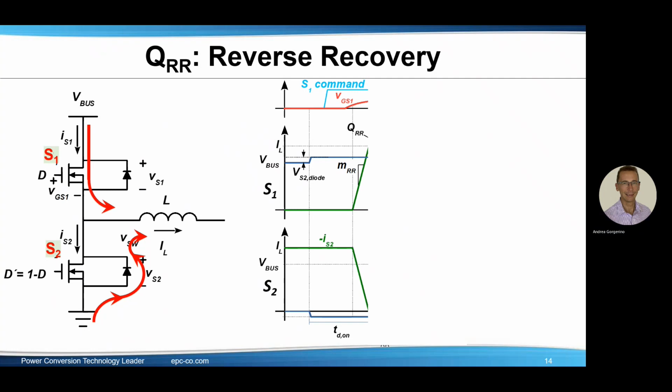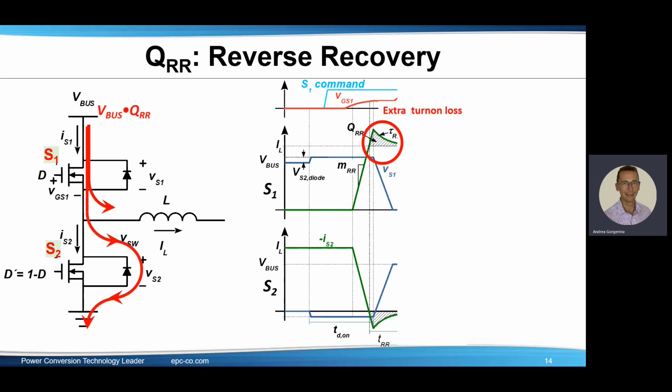Next, at the end of the dead time, we turn on S1. S1 is starting to supply current to the inductor, and as S1 current rises, the current in S2 falls. Finally, S1 is carrying the entire inductor current. However, at the same time, the current actually reverses and starts to flow through the body diode of S2 in the opposite direction it was flowing a moment before.